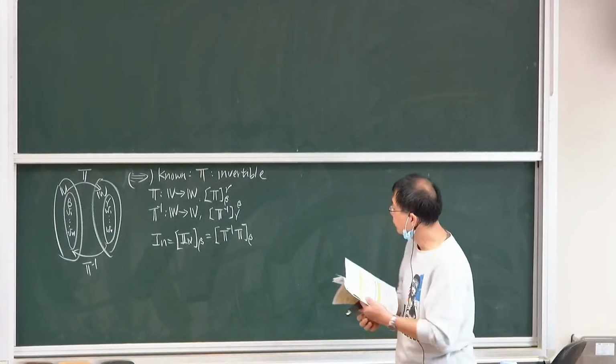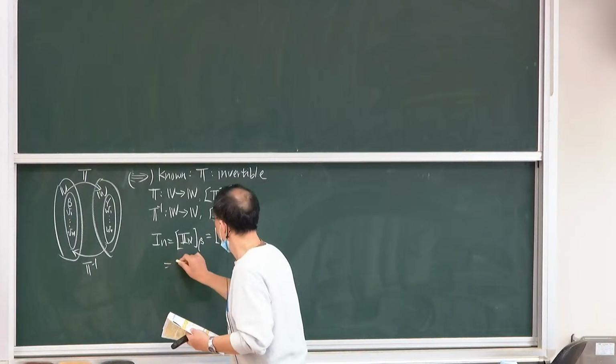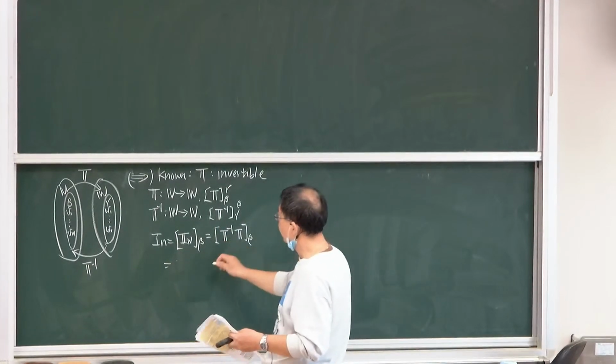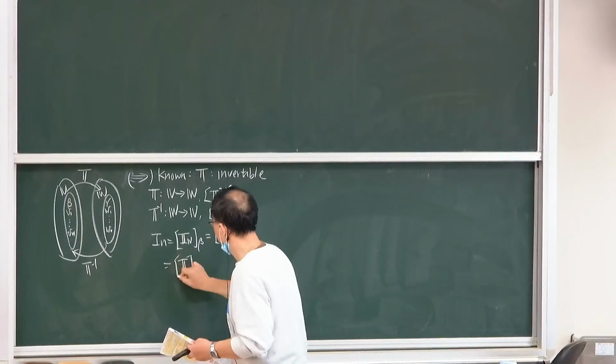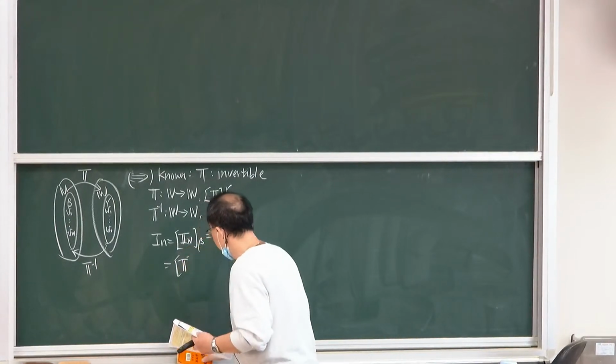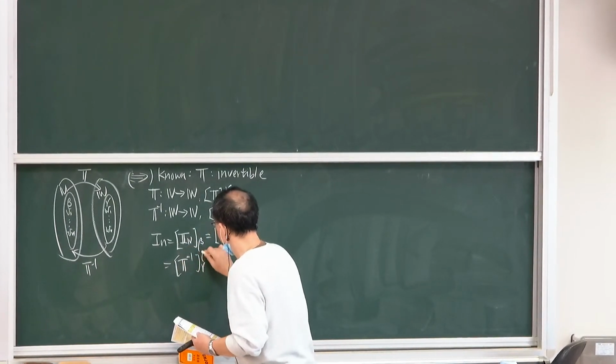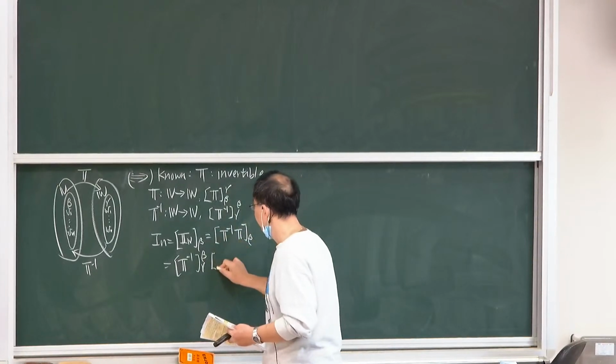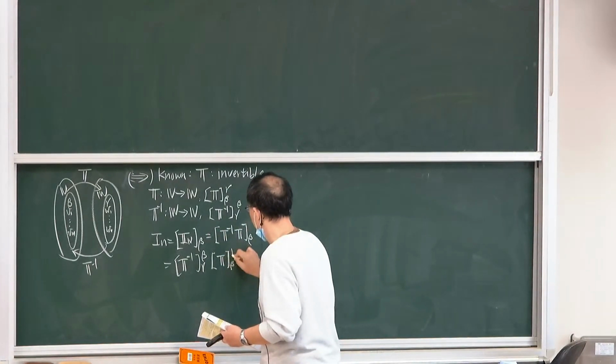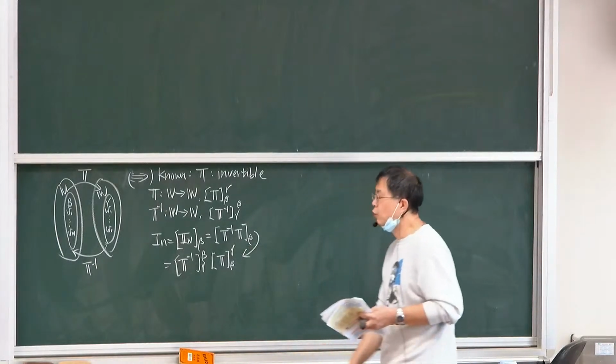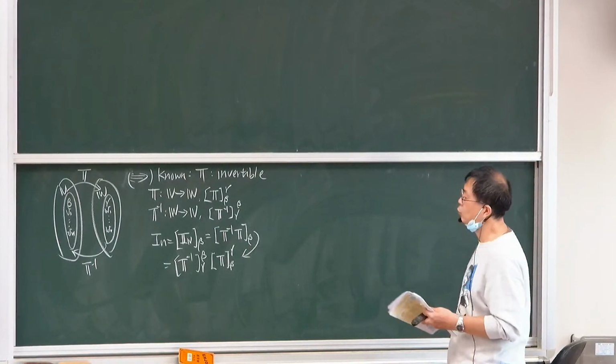So here T inverse is from gamma to beta, and T is from beta to gamma. We can have this equation followed by theorem 2.11.